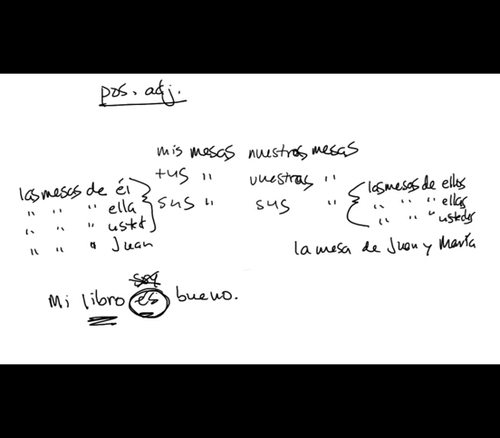Mi libro es bueno. Plural. Mis libros, what would it be? Son buenos. Or whatever else you're talking about. Let's say we're talking about clases. Clase is feminine. So you'd have mi clase es buena. Mis clases son buenas. Sus clases, his classes, son difíciles. Whatever the case may be. Okay, there you go.